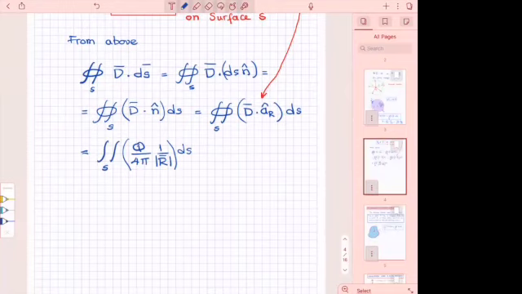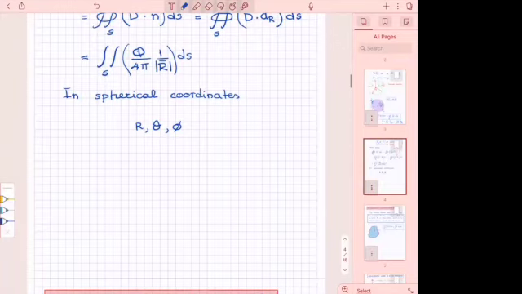In spherical coordinates, you remember the three directions? What are the spherical coordinates? They have r, theta, and phi.